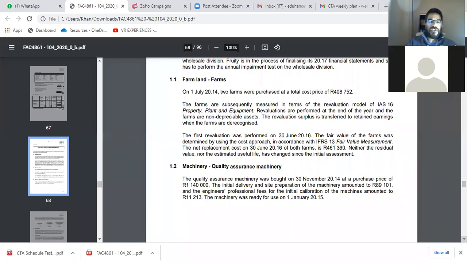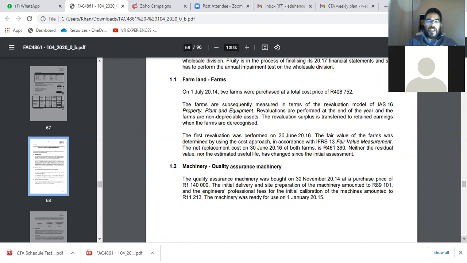So let's make an example. Let's say the revaluation for land up until 30th June 2017 is 1.5 million rand. And let's say there's an impairment loss against land of 2 million rand.